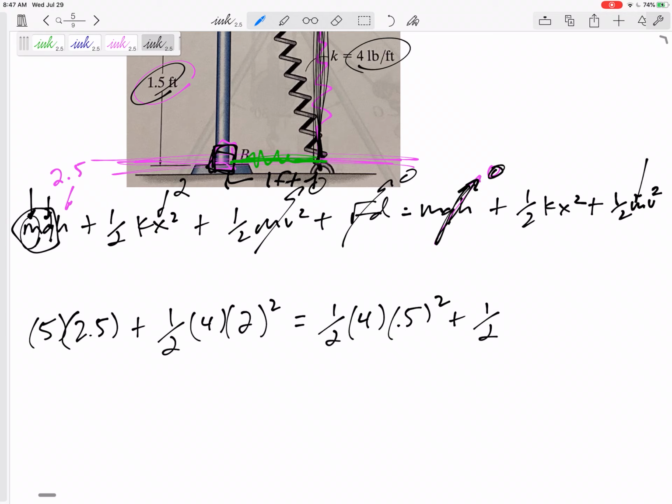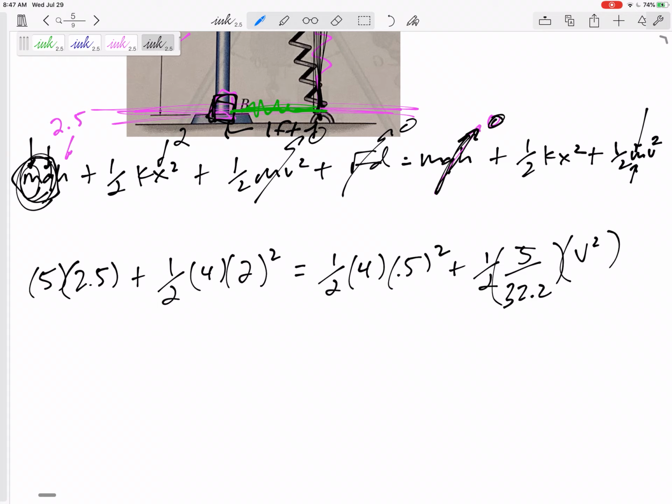Now here for English units we have to be careful, because that is mass, not weight, and it's not mg together like we got away with simplifying the math earlier. This is m, so this needs to be 5 divided by 32.2. I'm not keeping up with my units, but units work out again if we're in pounds and feet per second squared.